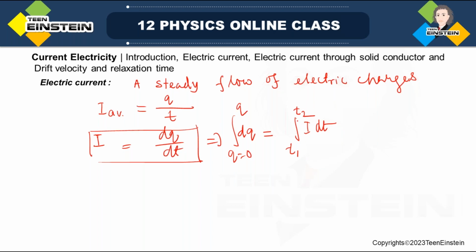This will give you the total amount of charge which was flowing during the time interval. I keep I inside the integral because we don't know whether current is always constant. Current may vary also.